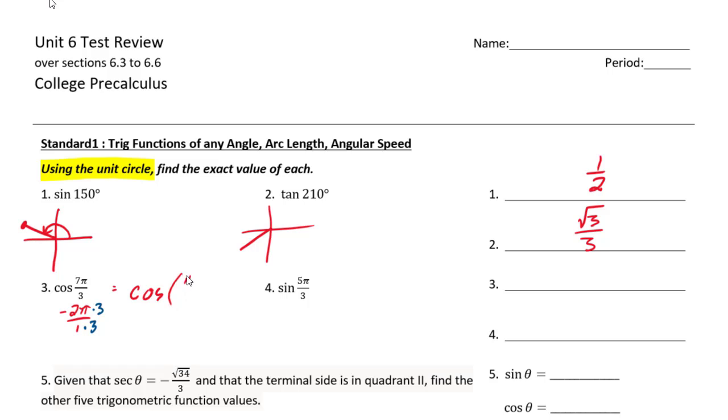So cosine of 7 pi thirds should be identical with cosine of pi thirds, and pi thirds, if I were to sketch it, should be the steeper one in the first quadrant. And again, cosine now is going to be our x value since sine was the y value. In this scenario, I hope we can picture that it's not going to be as far horizontally as it is vertically, so the x value must be a 1/2 since it's not one of the pi fourths, which were the rad 2 over 2s.